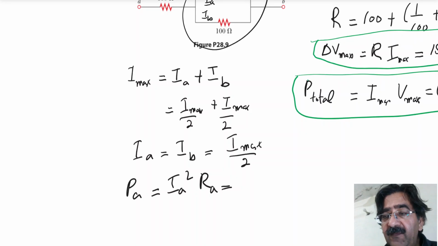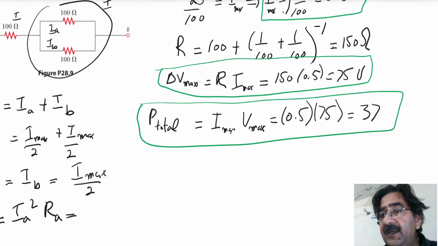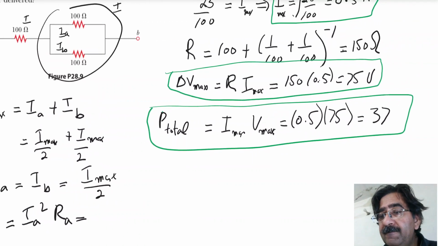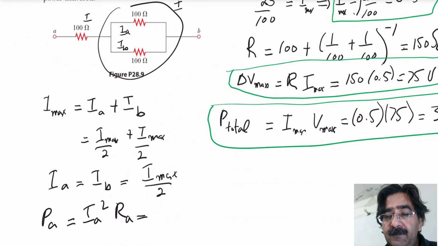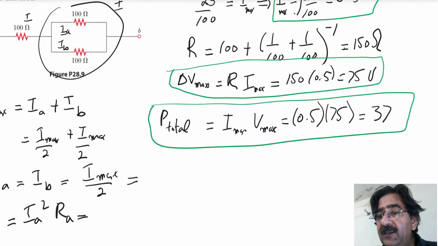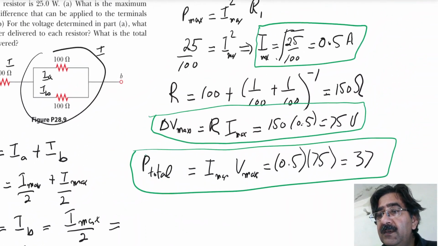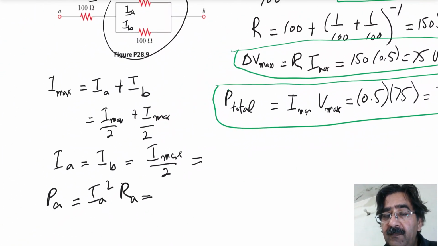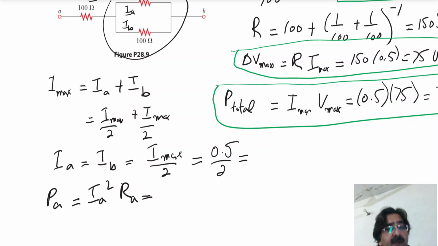IA is one half of the maximum current, 0.5 over 2, which is 0.25.